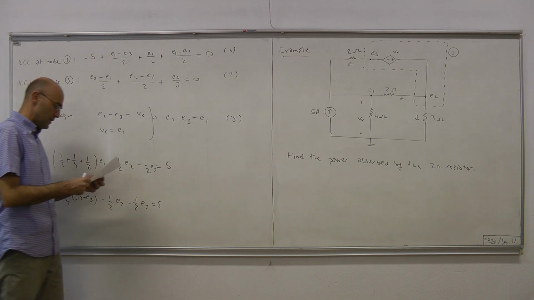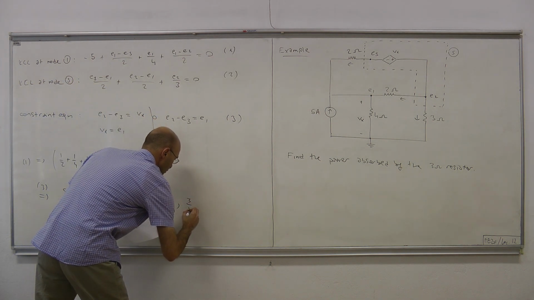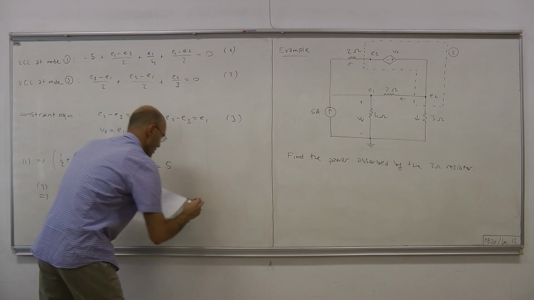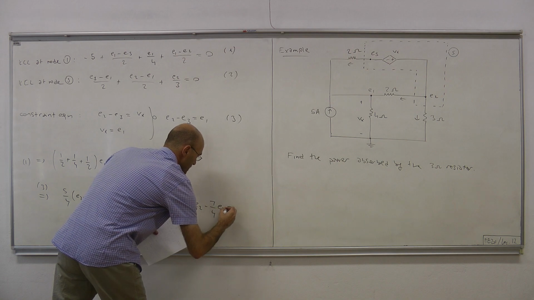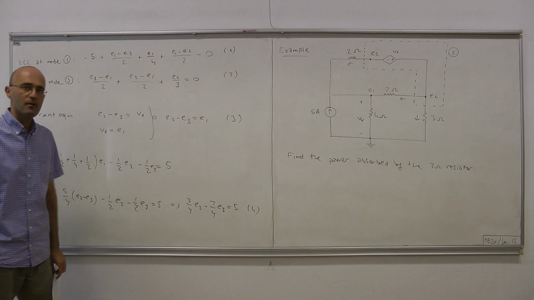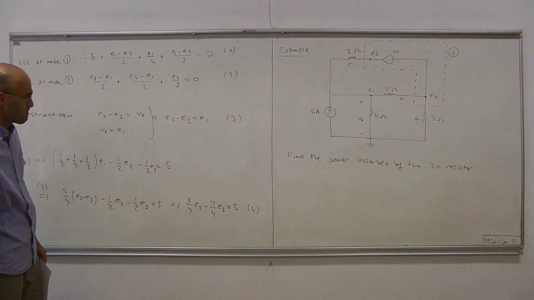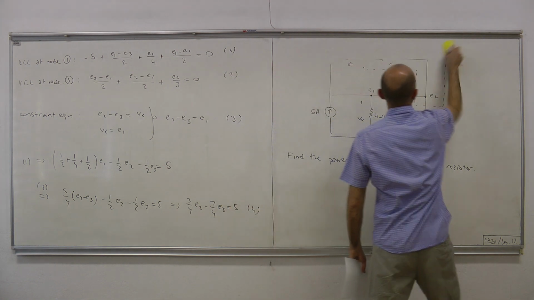And if you reorganize the terms, this gives you 3/4 E2 minus 7/4 E3 equals 5. Okay, this is our equation number 4. Let's move on to the remaining equation.